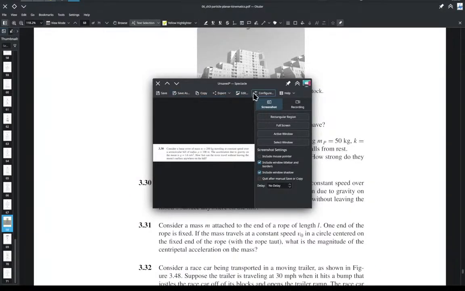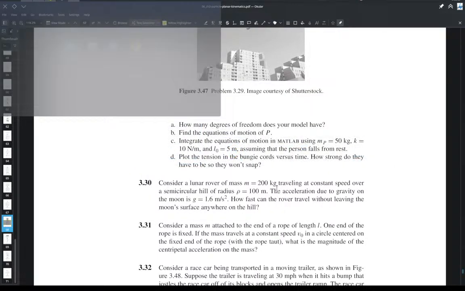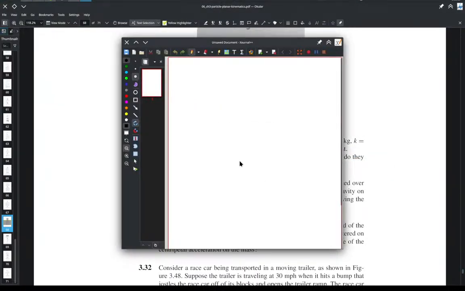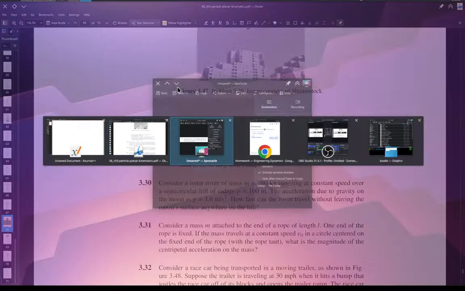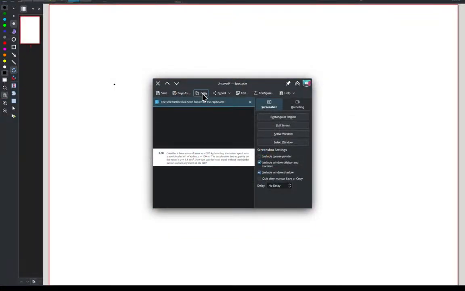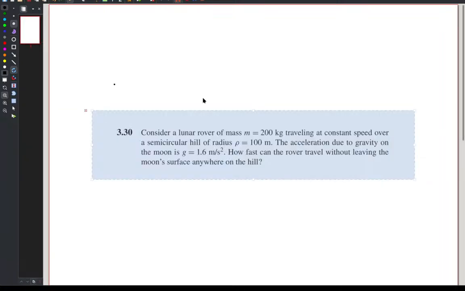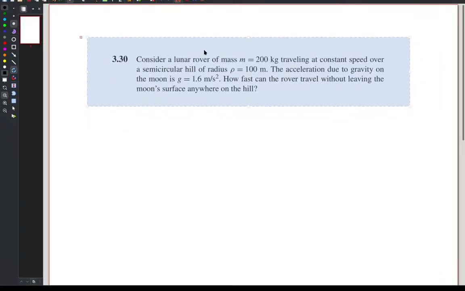All right, so now we're out on the moon. We're driving a rover up and over a hill.